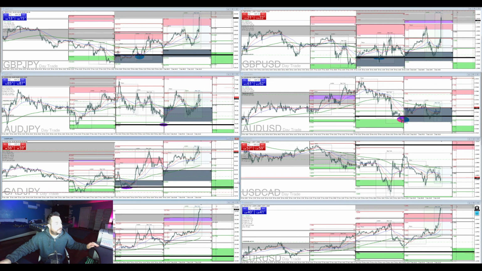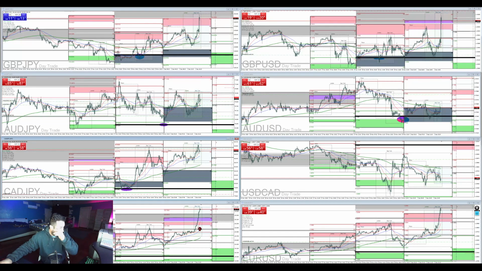Okay. We're done day trading on the Euro Yen and the Euro USD. Not much movement at all on the Aussies, so those are still in play.